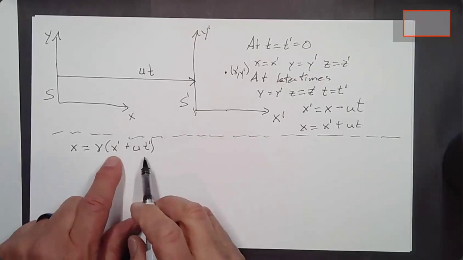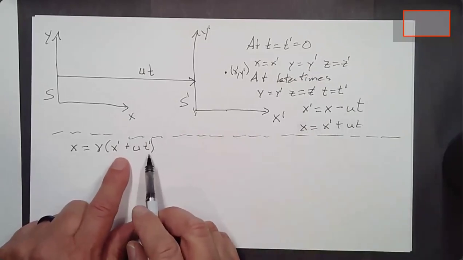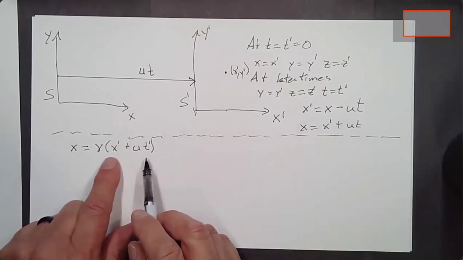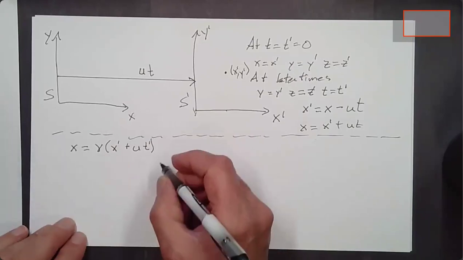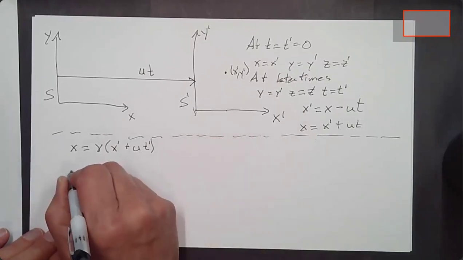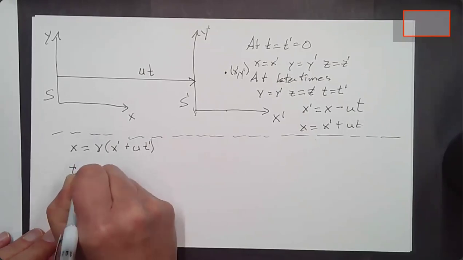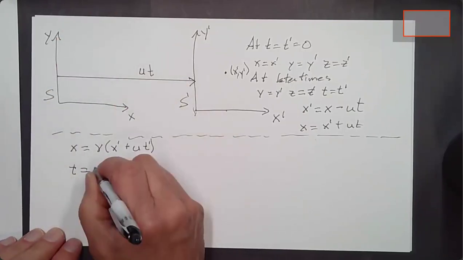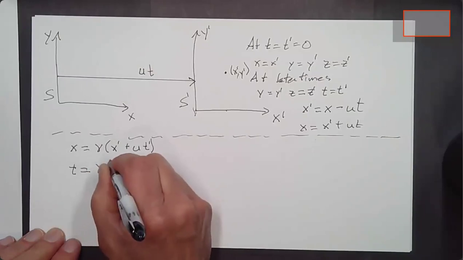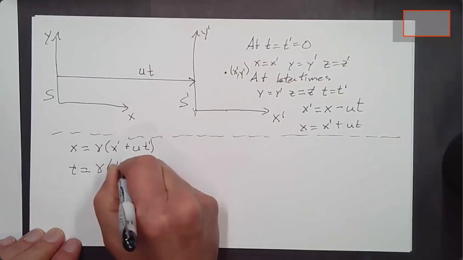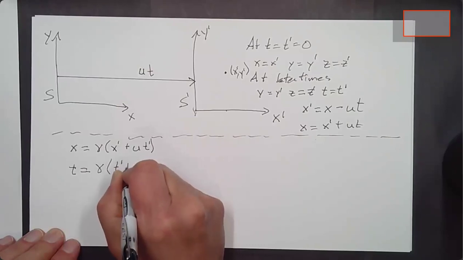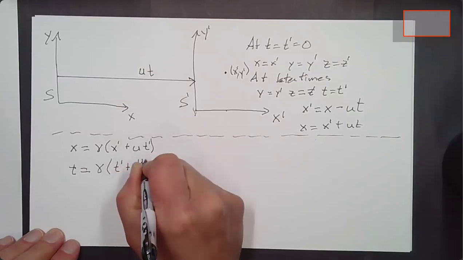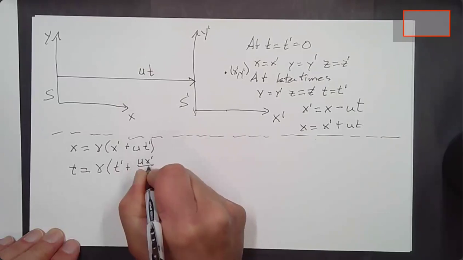All of a sudden, we're going to have to distinguish between time in the two different coordinate systems. Something else we can say is that t, the time measured in this unprimed coordinate system, will equal gamma times t prime plus ux prime over c squared.